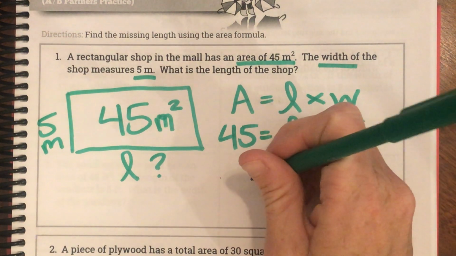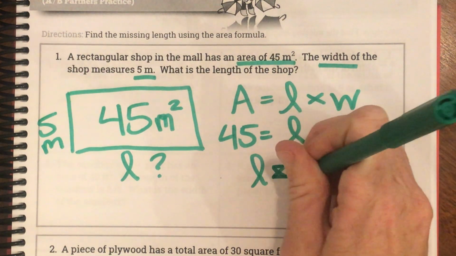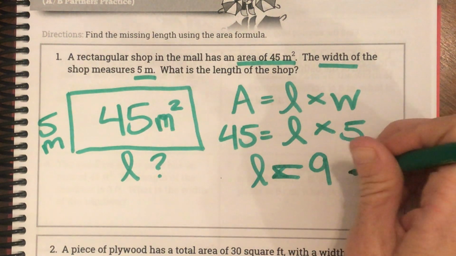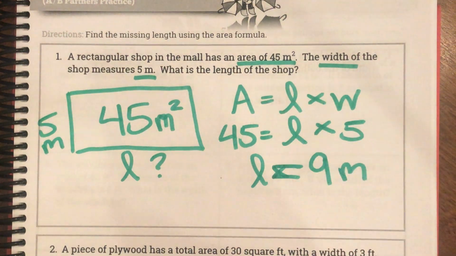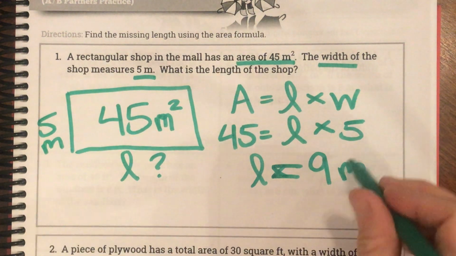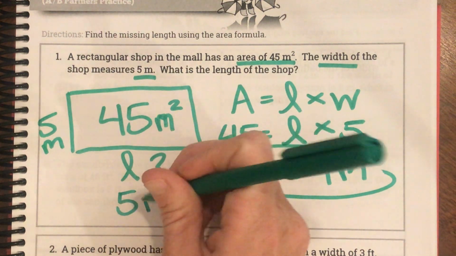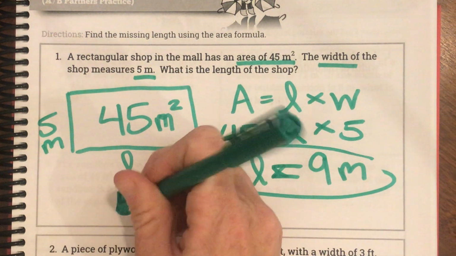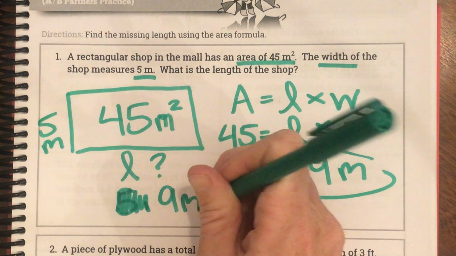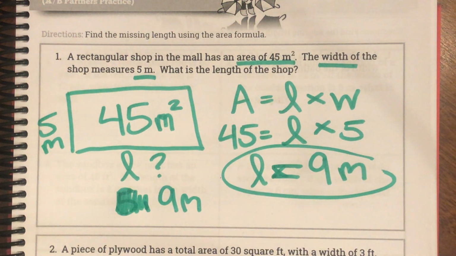And hopefully you know that that would be 9. So our length must be 9 meters, because our measurement's meters. So our length equals 5, I'm sorry, not 5. Let me cross that off. I apologize, friends. 9 meters.